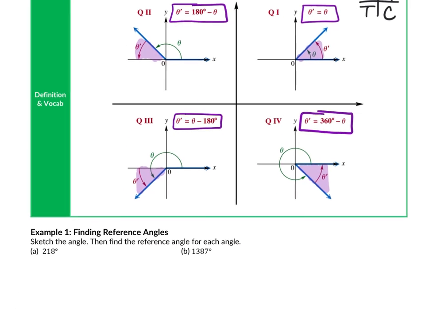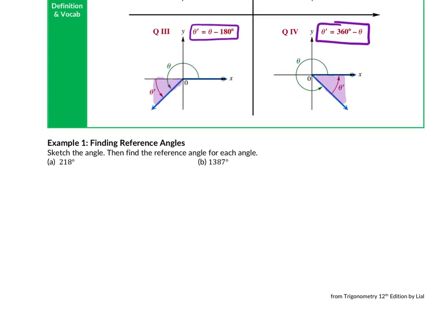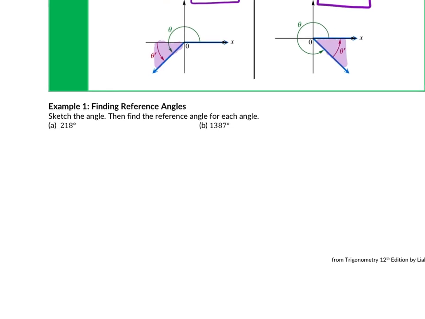So let's just make sure we understand the concept of reference angles. In number 1, part A, we're going to sketch the angle so that we know what quadrant it's in, and then we're going to find the reference angle for each of the angles. So if we were to graph 218 degrees, first we have to know what quadrant it belongs in. If we do our degree measurements around the quadrants, we have 0, we have 90, we have 180, we have 270.